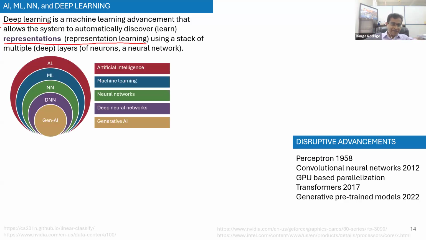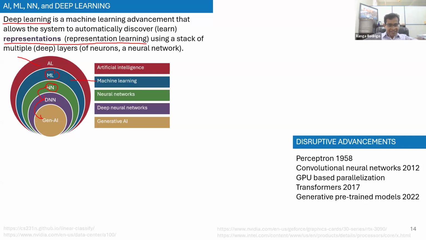Now, artificial intelligence is getting the machines to behave like human beings. And that you can do by looking at data. By looking at past data or present data, you crunch the data and try to learn from it. Then you call it machine learning. The formal phrase for machine learning is pattern recognition. Then there is one technique that can do pattern recognition well right now. That's called neural networks. It is within that. And you know that when the number of layers is more than 8, we call it deep neural networks or deep learning.